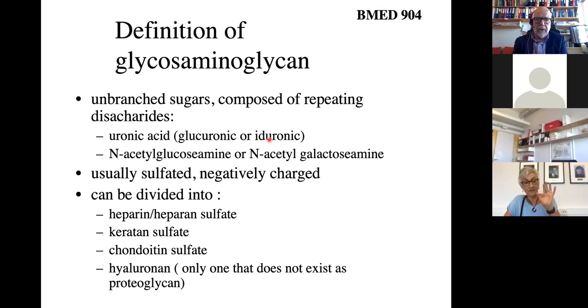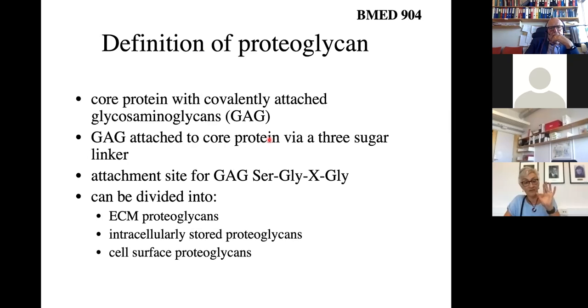So you will hear more from Marion about glycosaminoglycans, which are composed of unbranched sugars, usually sulfated, and can be divided into different groups: heparin, heparan sulfate, keratan sulfate, chondroitin sulfate, and hyaluronan. And a proteoglycan is composed of a protein part where you have this glycosaminoglycan covalently attached via a serine region.